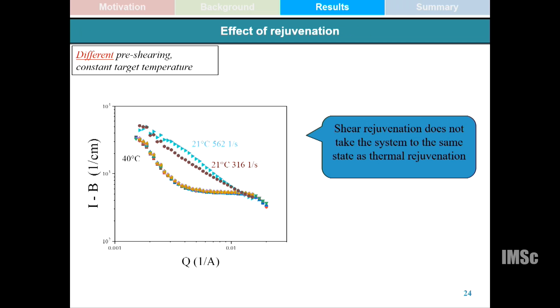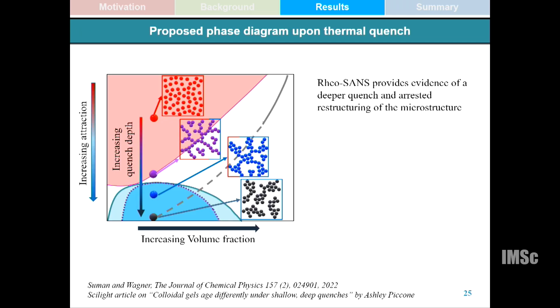So it's only the thermal rejuvenation which takes the sample back to the initial state, and therefore the transition can occur again and again. With these rheological insights and microstructural insights from neutron scattering, we are now able to understand what is happening to this model system of adhesive hard spheres. At 40 degrees, it's in a very nicely homogenized state.